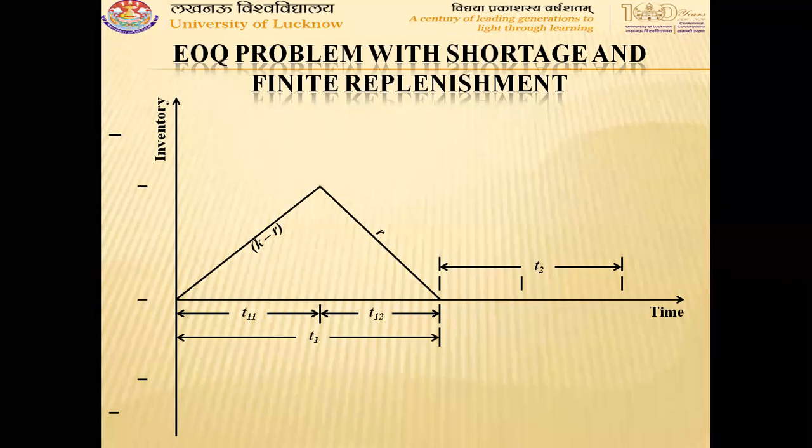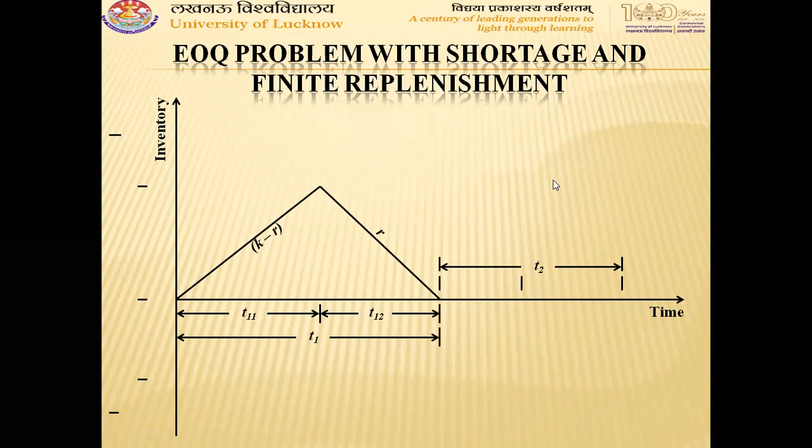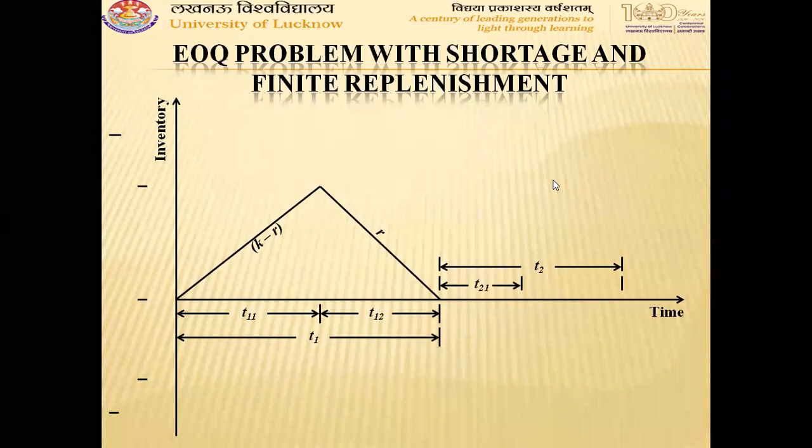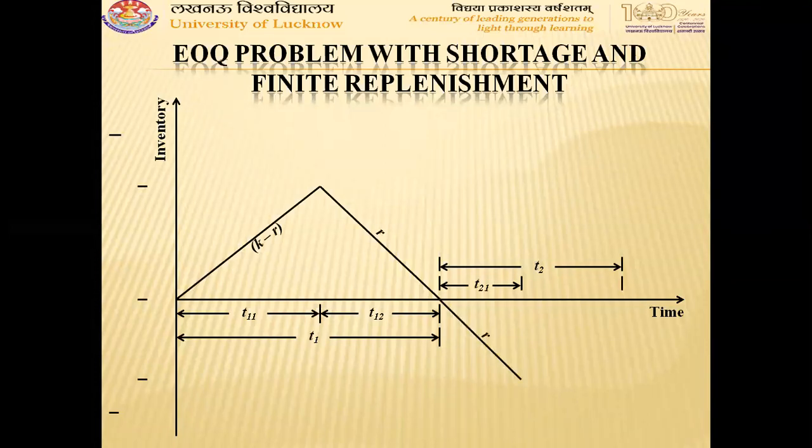And now the second time T2 is divided into two parts, T21 and T22. During T21 only consumption goes on and it creates shortages or back order with finite rate R.